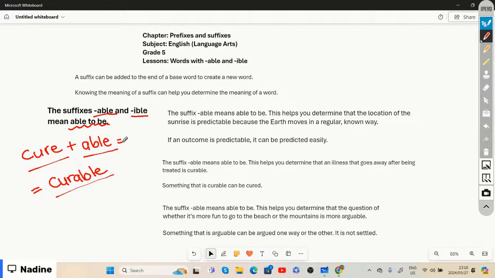Now, able means able to be, which means that this is able to be cured. So if they say there's something that is curable, then it means that that illness or that sickness is able to be cured, so it will be able to go away or vanish.